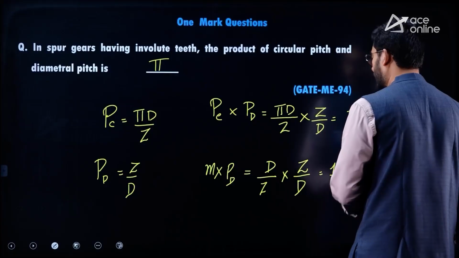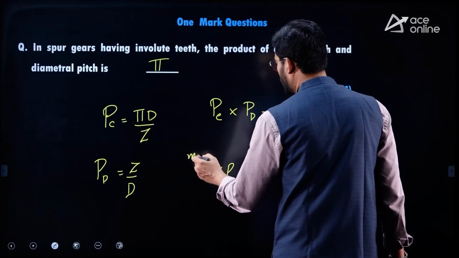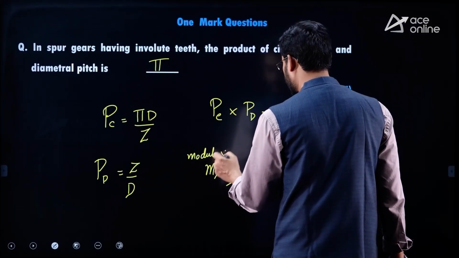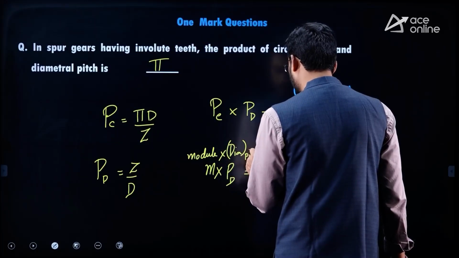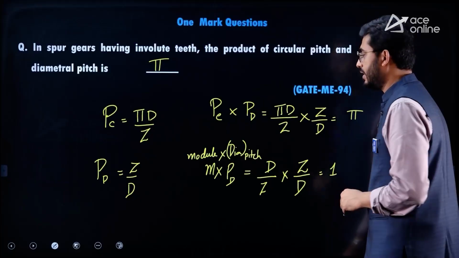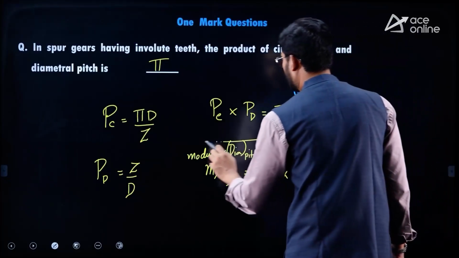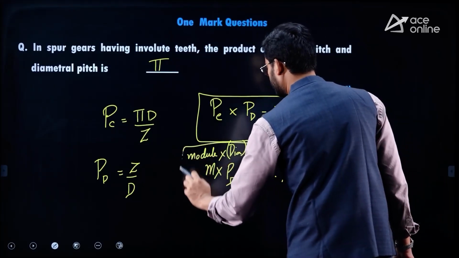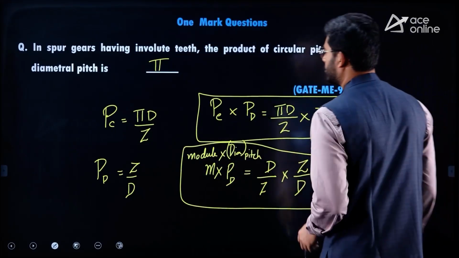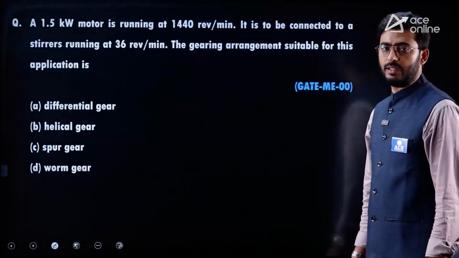So this is equal to 1. So product of module and diametrical pitch, and product of circular pitch and diametrical pitch. These are two important results you need to remember. So as per the question, the answer is pi only. Let's see the next question.